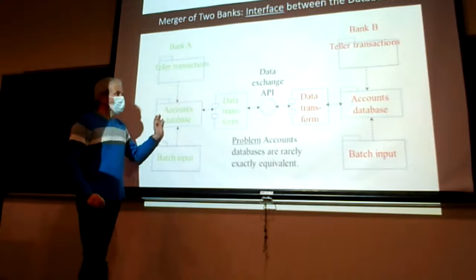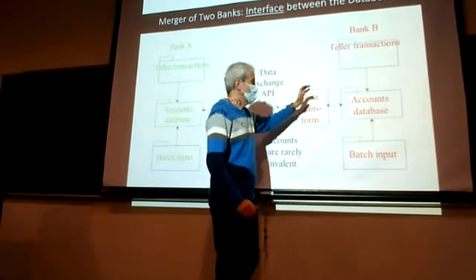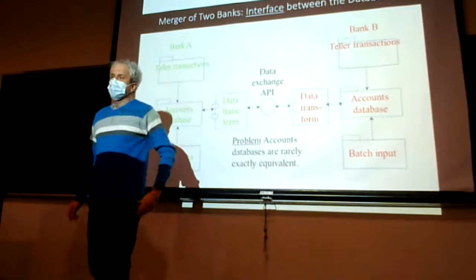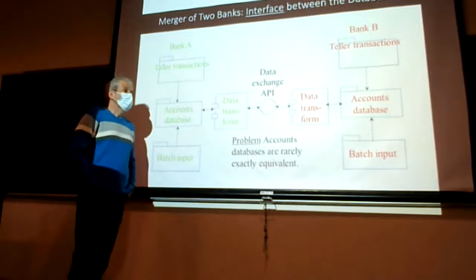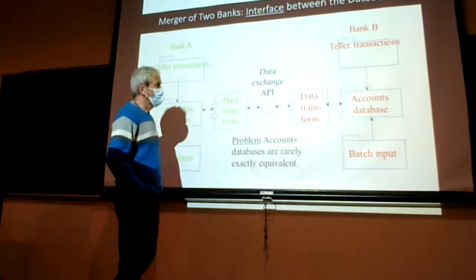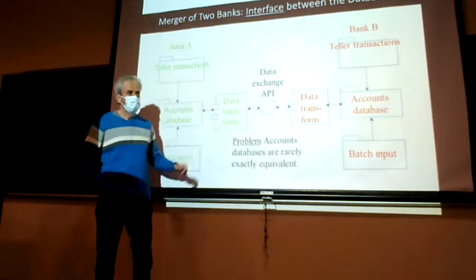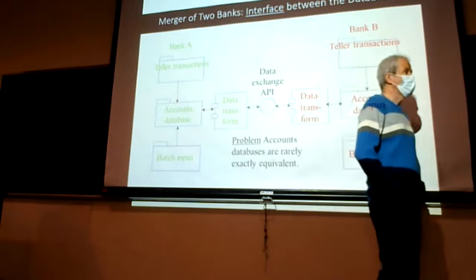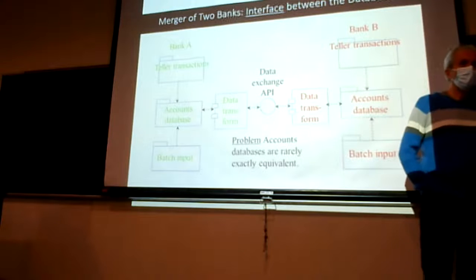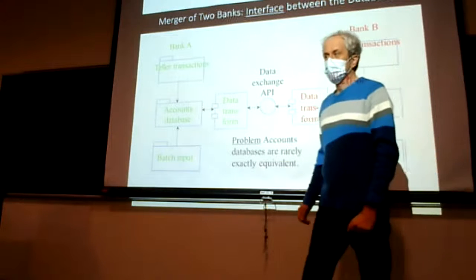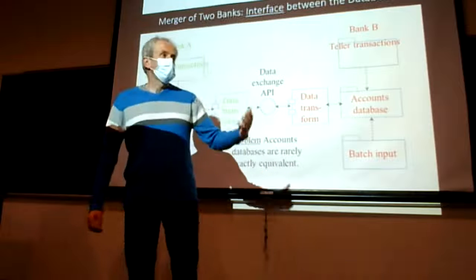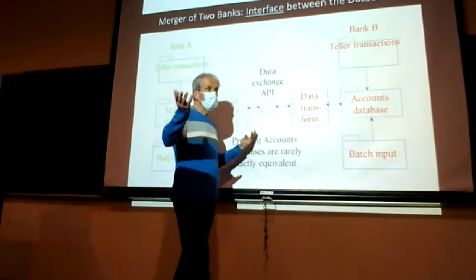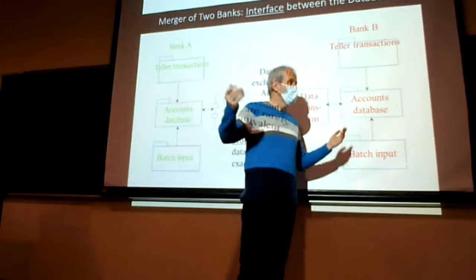The problem with making the databases work together seamlessly is always that the data is incomplete, might be, most likely, typically, will not be compatible. Example, account ID, account number. Bank A might have 9 digits, the old one has 11 digits. Customer names: one has 12 characters, the other one has 25, right?